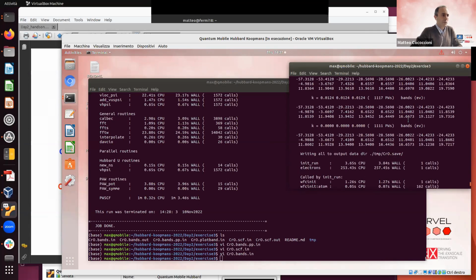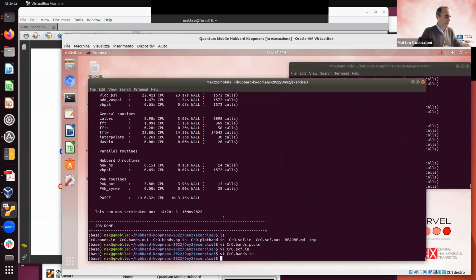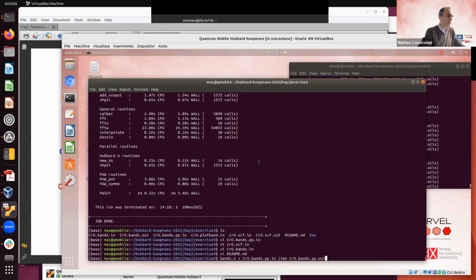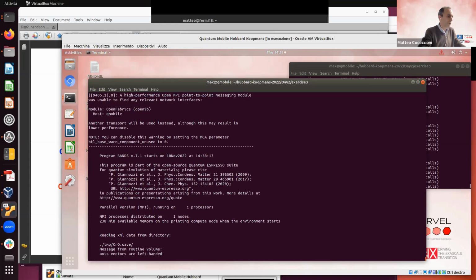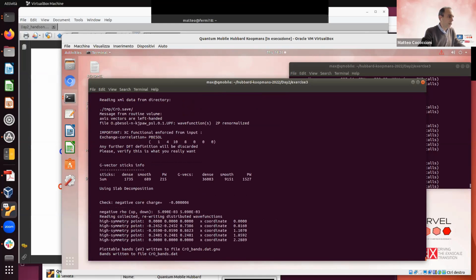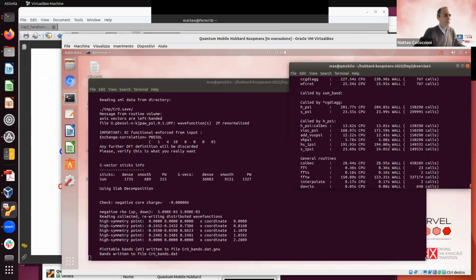So the bands calculation is run. If we go to the README, you can try this now to run the bands calculation so we can get some picture, some figure. It's done.